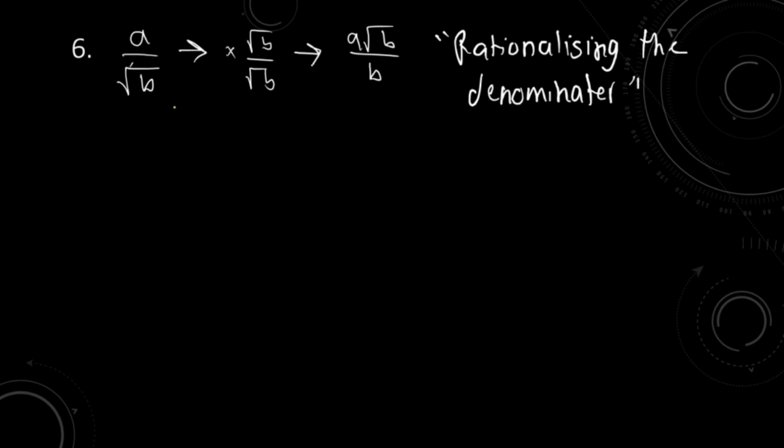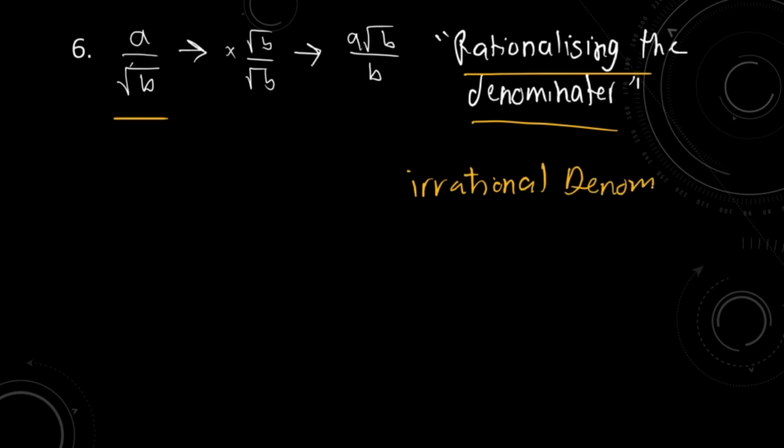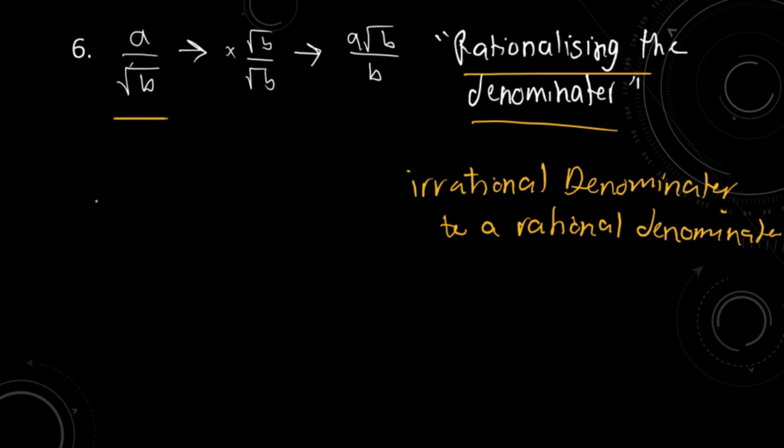Rule number 6: if you had A over square root B and you want to rationalize the denominator, so turn an irrational denominator into a rational denominator, you multiply by the square root in the denominator. Let's say you had 3 over square root 2.